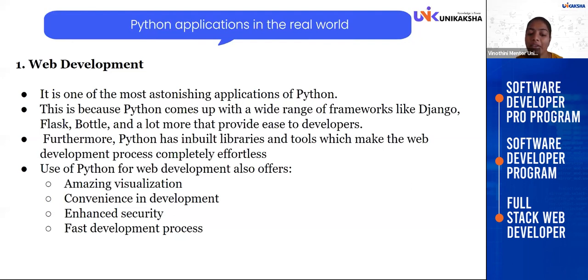Of course it also has enhanced security. What is that security? It can easily provide secure connections, like HTTPS. And that is one of the advantages. And then the fast development process, of course, because each and every framework is inbuilt. For example, in Django and Flask there are inbuilt frameworks available.